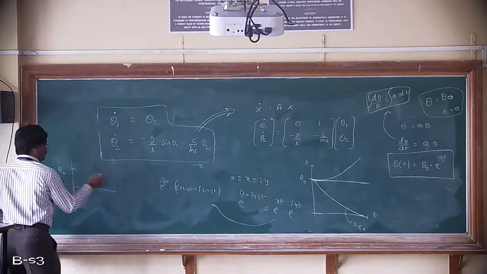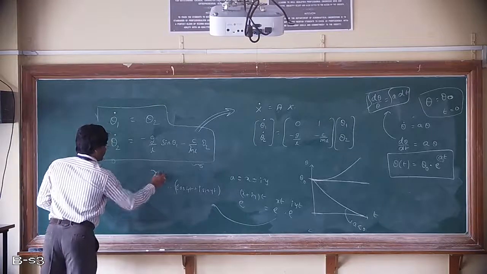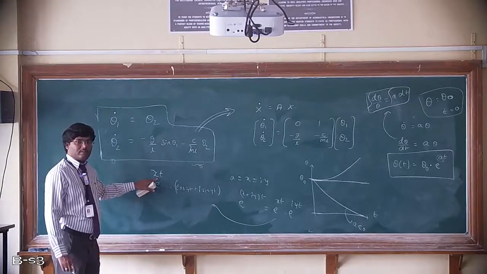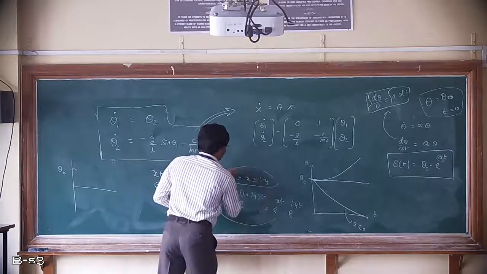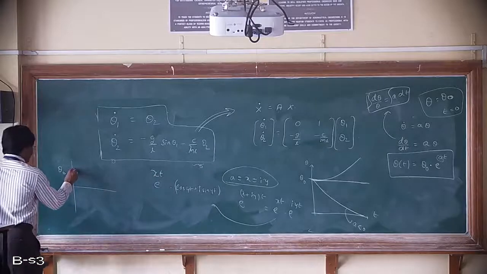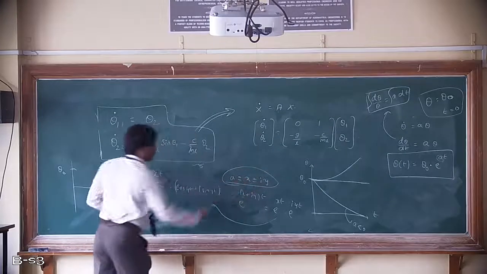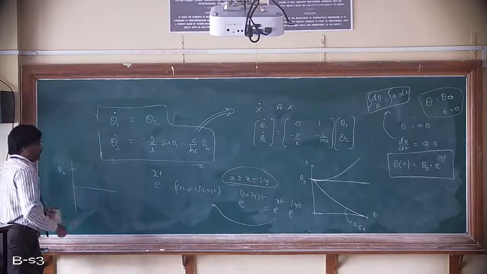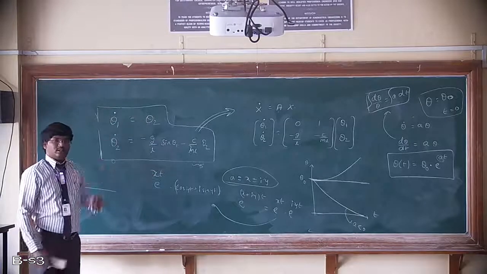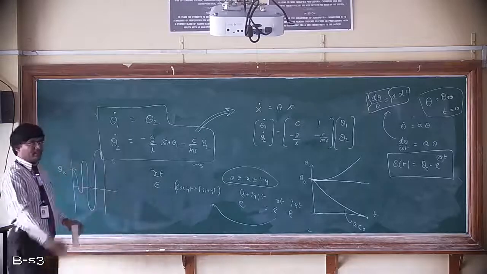Are you seeing here e power xt, where we take a as x plus iy, so the real part is x. If the real part is positive, it will be oscillatory because you get the complex term, and it will be exponentially diverging, so you will get a response like this.